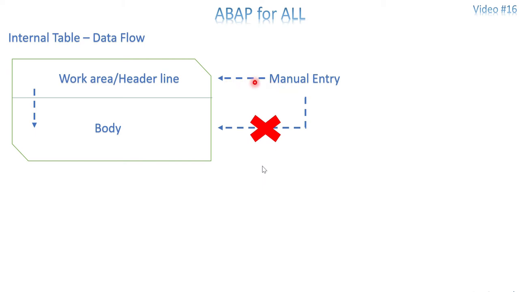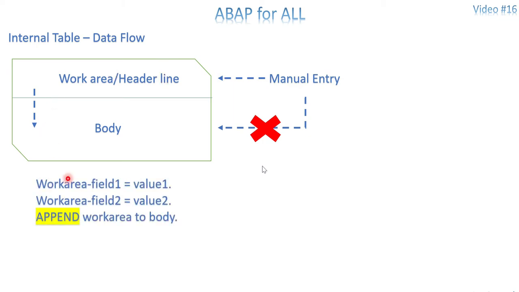So for manual entry, you have to use the work area and move the information from work area to body. Everywhere you have to write code. So you have to write code to pass the information from maybe a hard-coded value to the work area and work area to body. The code is like this. Work area, you can give any name depending on your naming convention. Here, for a simple design, I just give a very generic name: work area hyphen field 1 equal to value 1, work area hyphen field 2 equal to value 2.